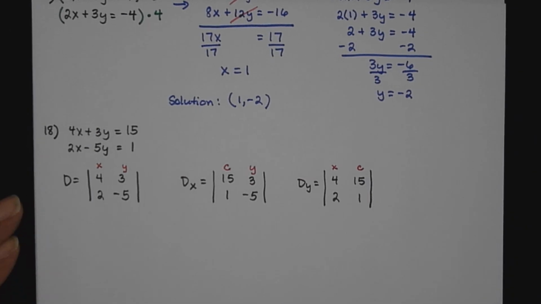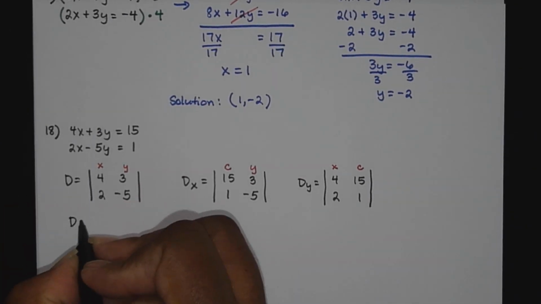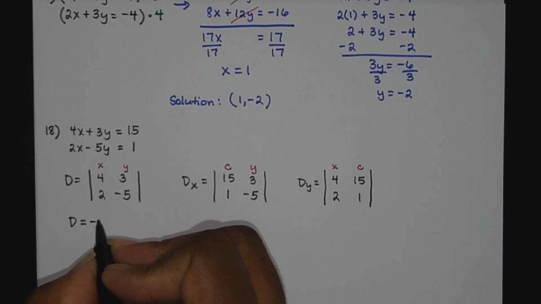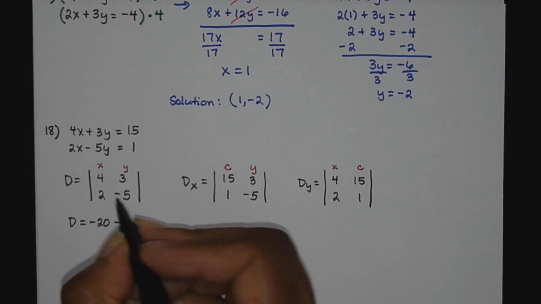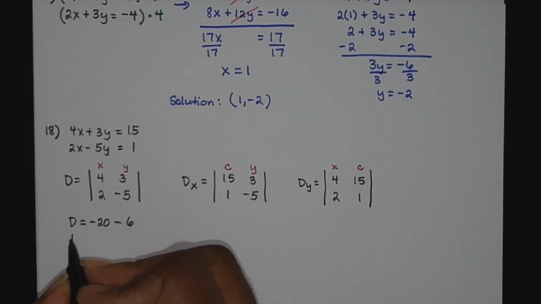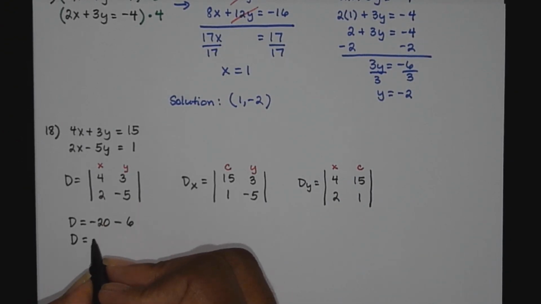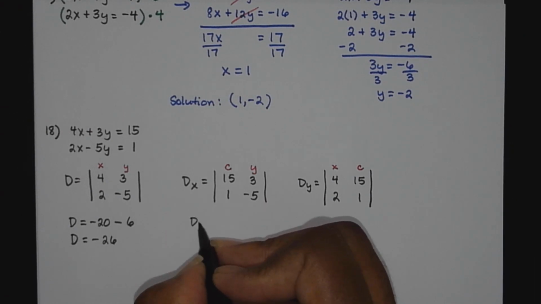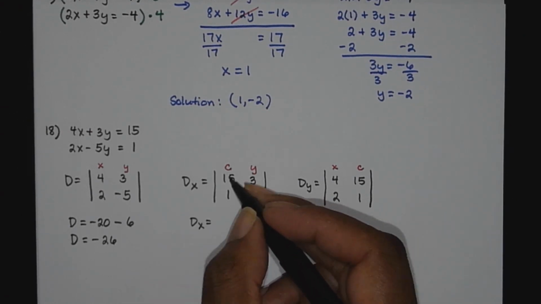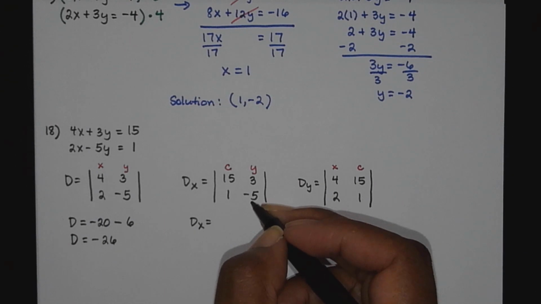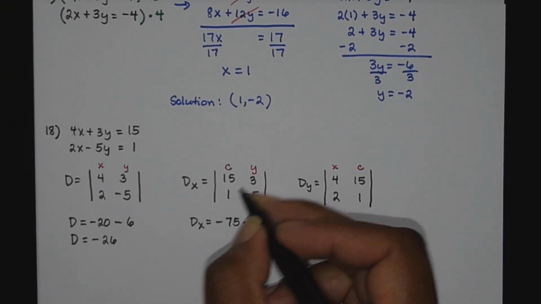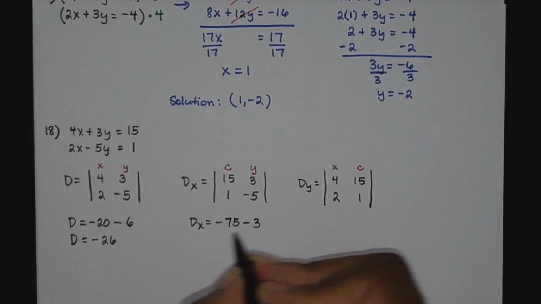So the determinant for d is this: 4 times negative 5 minus 2 times 3, which is 6. If I do negative 20 minus 6, I would get negative 26. D sub x: if I multiply 15 times negative 5, that would be negative 75, minus 1 times 3, which is 3.